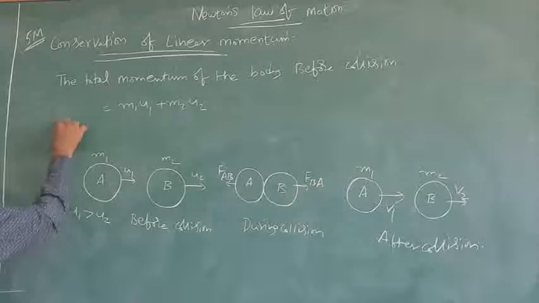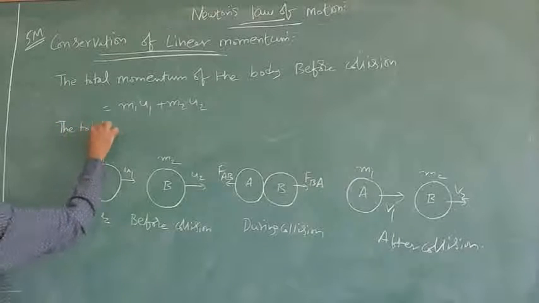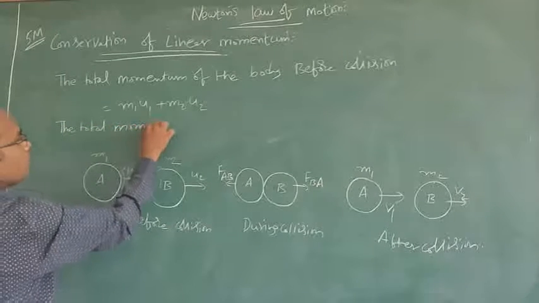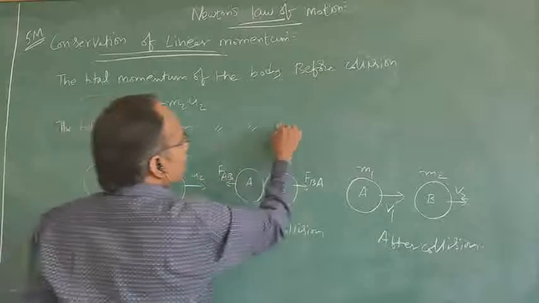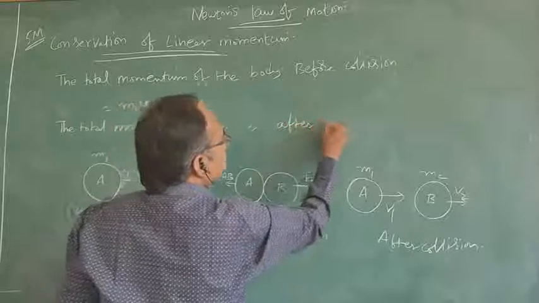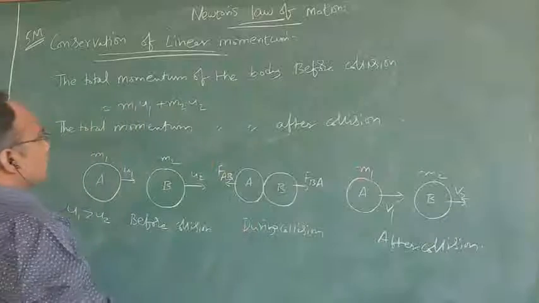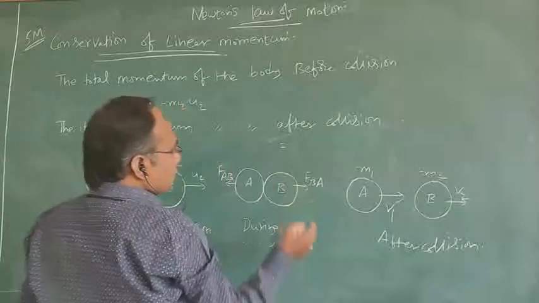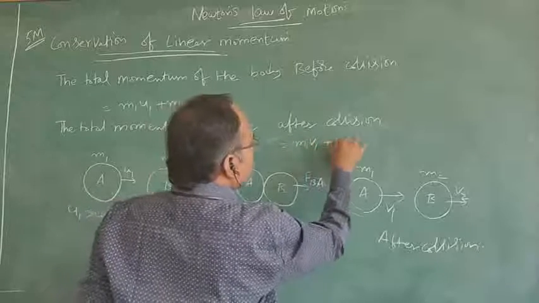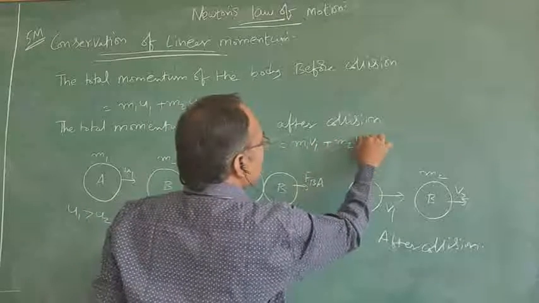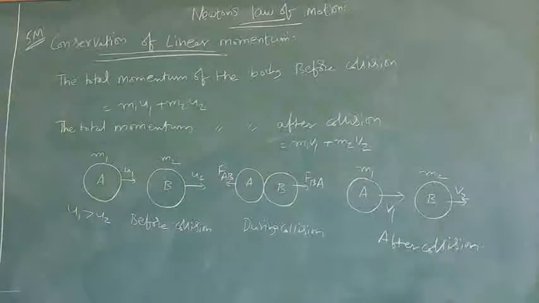Next, the total momentum of the body after collision. What are we writing for this one? After collision, it is m1 v1 plus m2 v2.